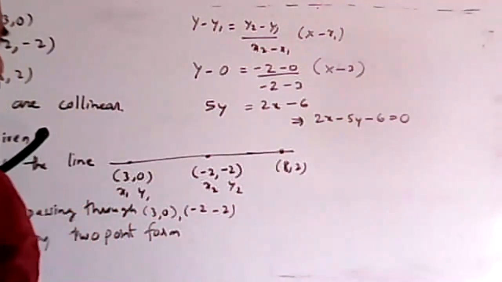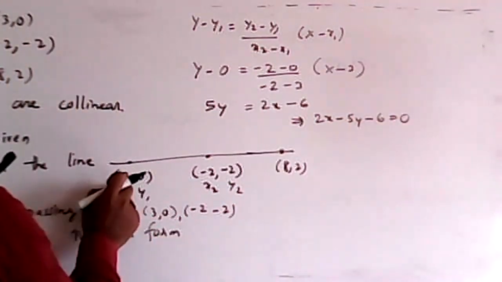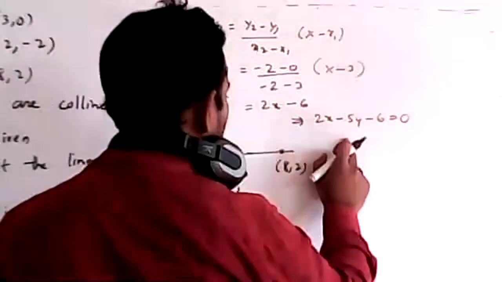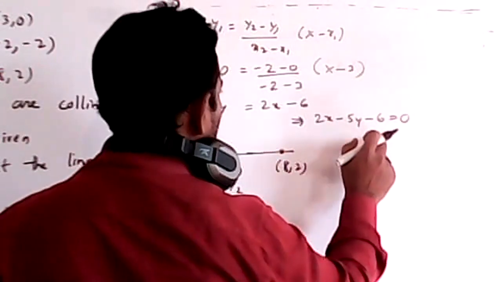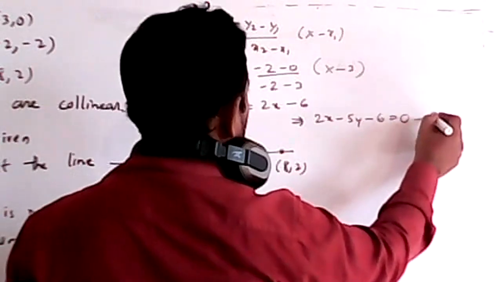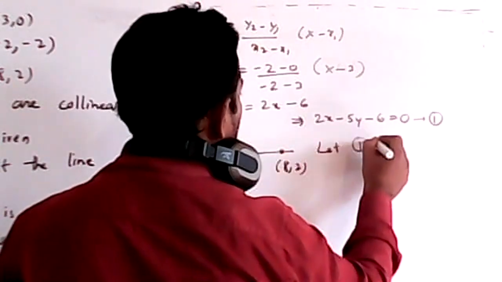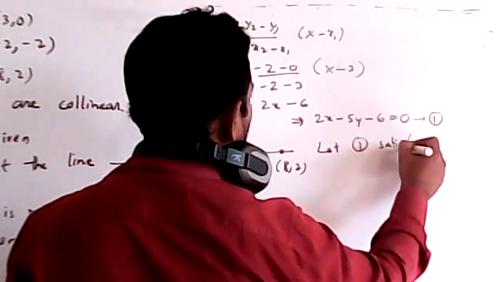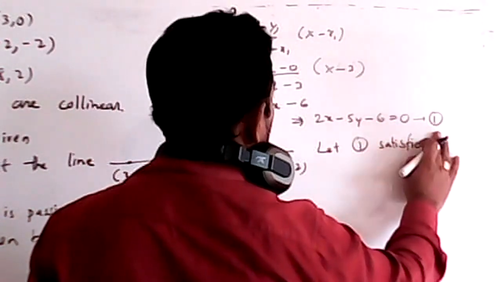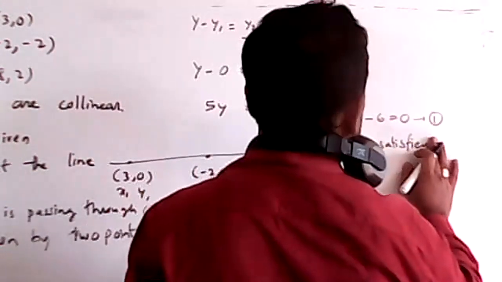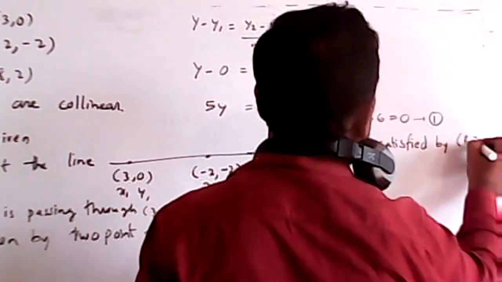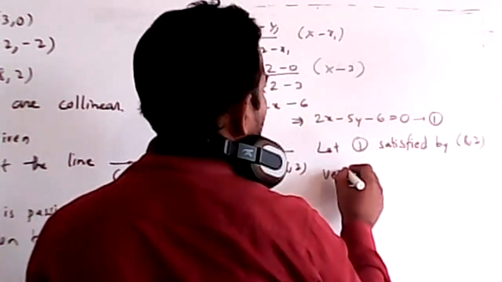What is this now? This is a line passing through these 2 points, correct? If it is passing through 8, 2, it must satisfy the equation. It must be equal to 0. Let this be equation 1. Equation 1 is to be satisfied by 8, 2. Verifying.